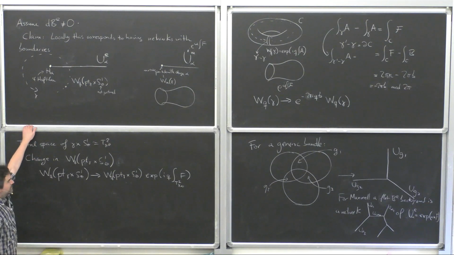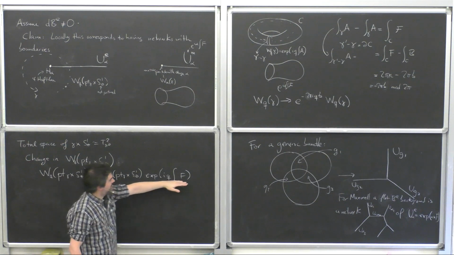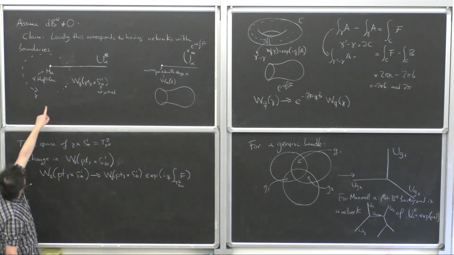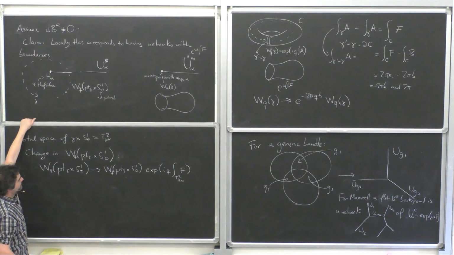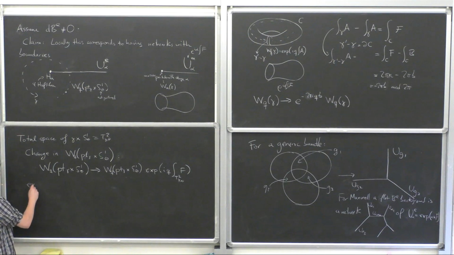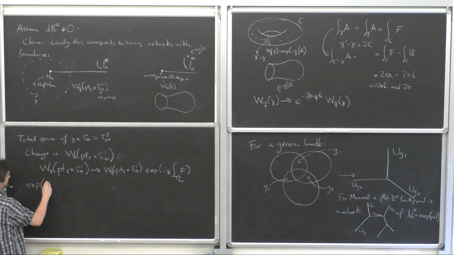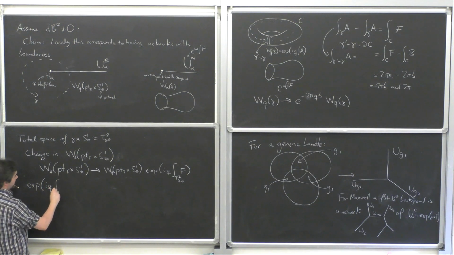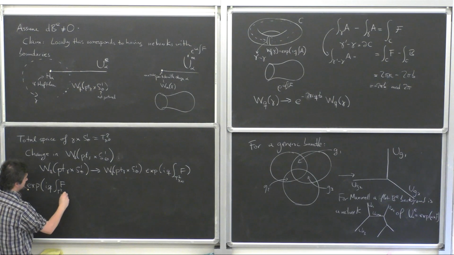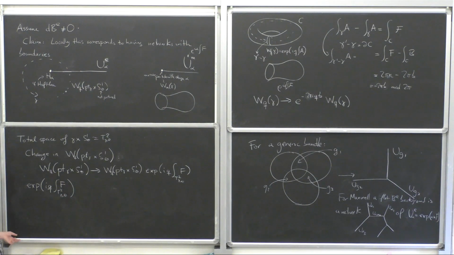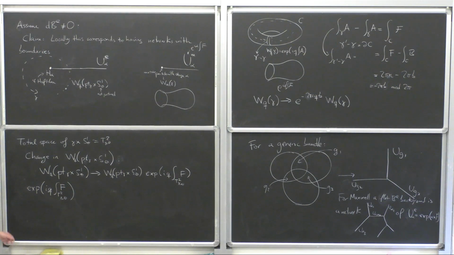Okay. So this will be whatever it is, right? It depends, in this case, on what I have inside. So if I have exponential of IQ integral of f in this T2, well, I can compute it.